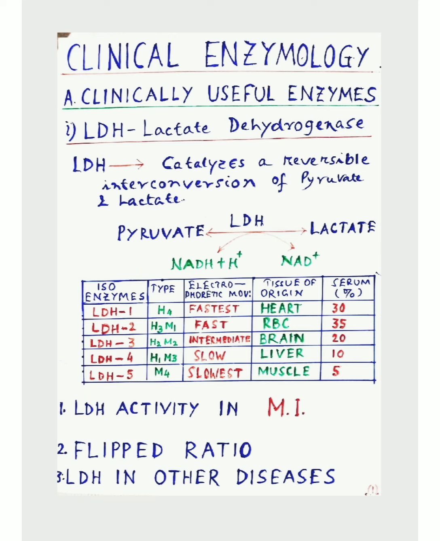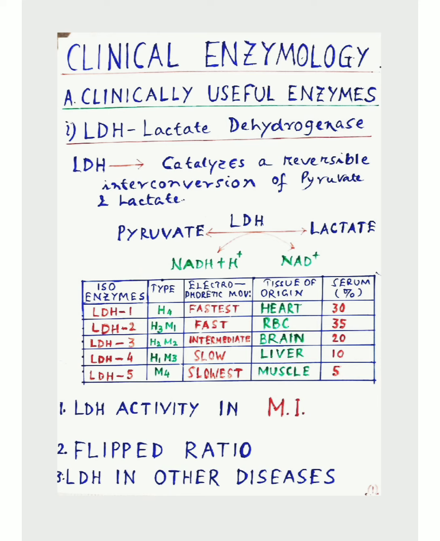Now, the first one is LDH, lactate dehydrogenase. LDH catalyzes a reversible interconversion of pyruvate and lactate. I have shown you the reaction. Five isoenzymes of LDH are known with different subunit composition.